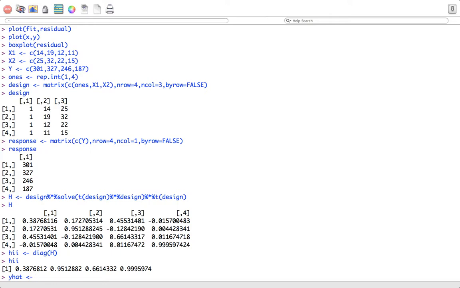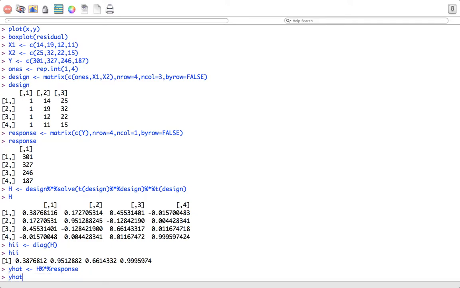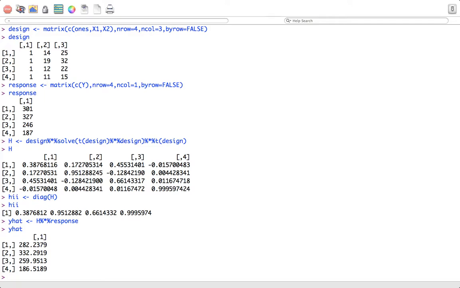So remember, the y hat can be found by taking the hat matrix times the response vector. That's actually what the hat matrix does: it turns the response values, the y's that were given, into the predicted values.